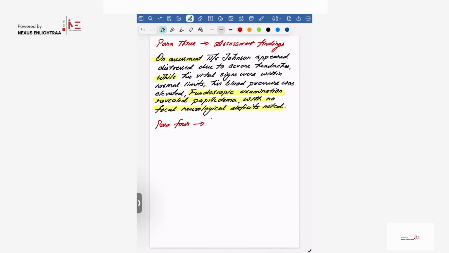Paragraph 4 is about investigations and diagnosis.